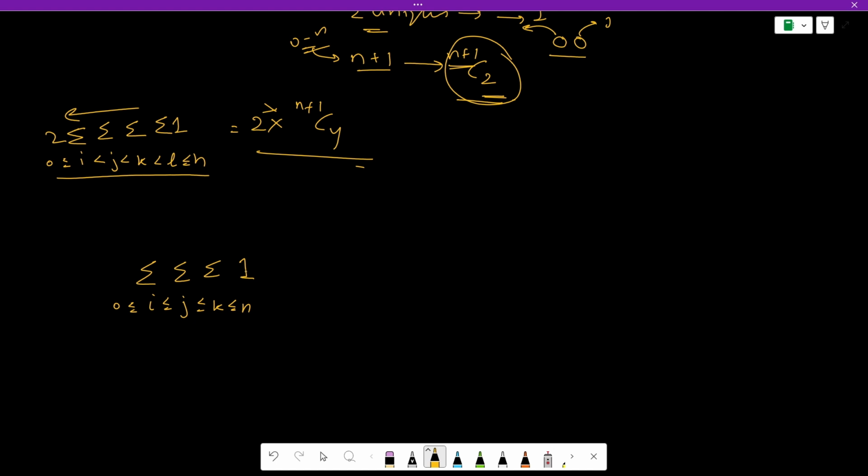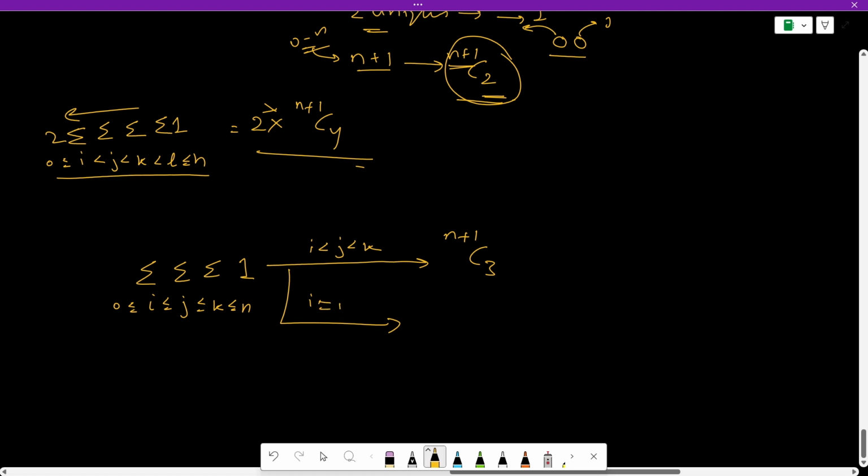So here we can create different cases. The first case will be i less than j less than k. Here we just need to choose 3 numbers from n plus 1, so n plus 1 C 3. Another case is i equal to j and less than k.